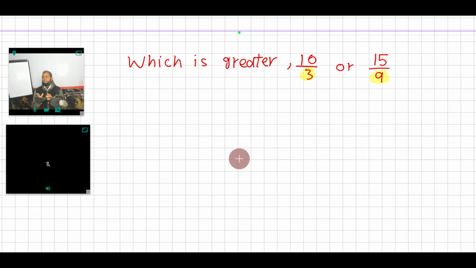You should convert the unlike fractions into like fractions. Can you change? Okay, now start.